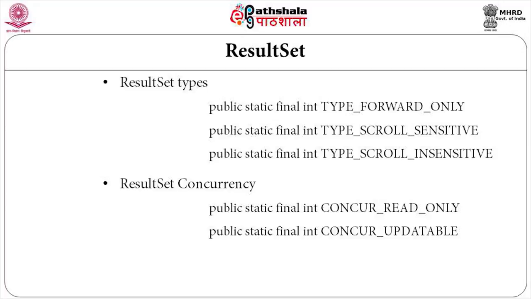But how do I decide I want to have a result set which is not forward only? When is it going to be decided? When I say execute query, we don't have any option to say what kind of result set I would like to have.